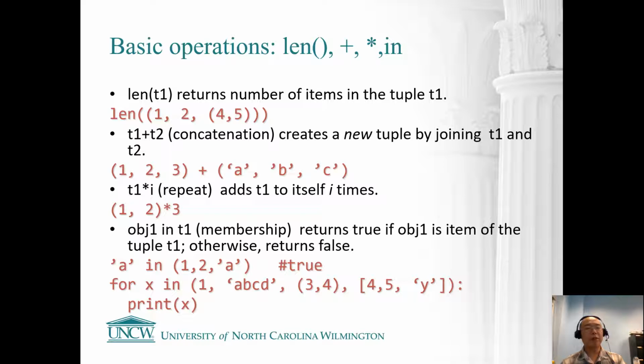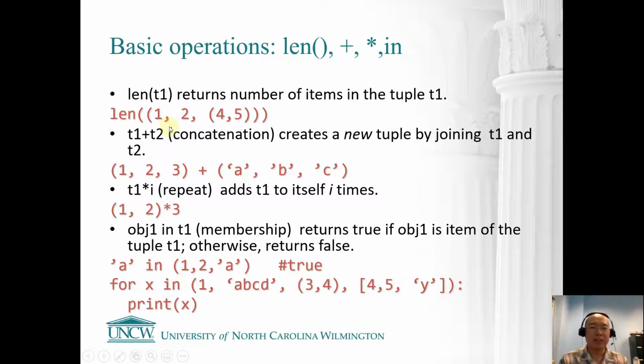And here are some of the basic operations: len, the plus for concatenation, the multiplication for repetition, and the in operator. They look familiar, right? I really don't have anything new to say because this is the third time you see those operations. You have seen them with lists and with strings as well.